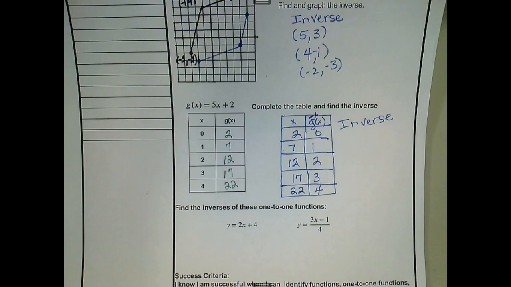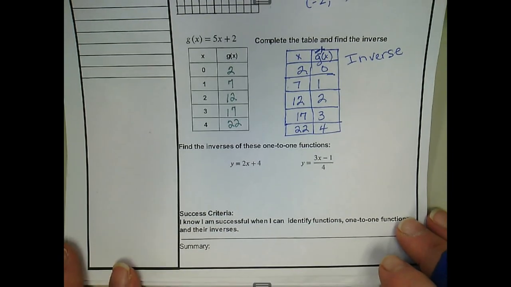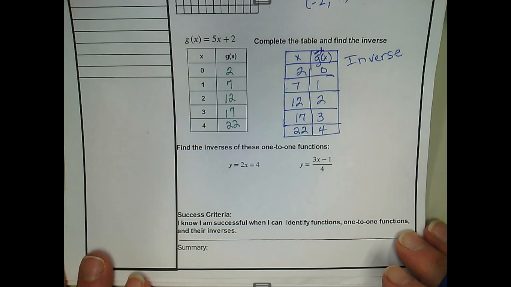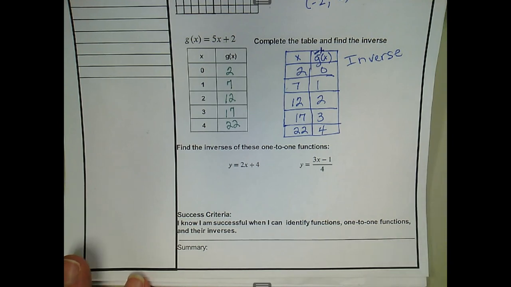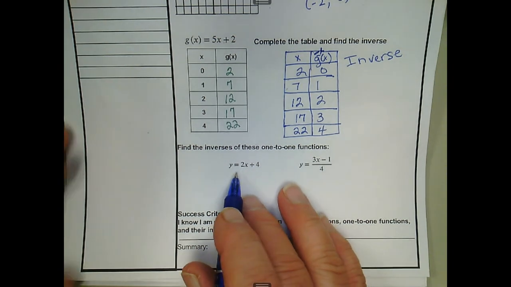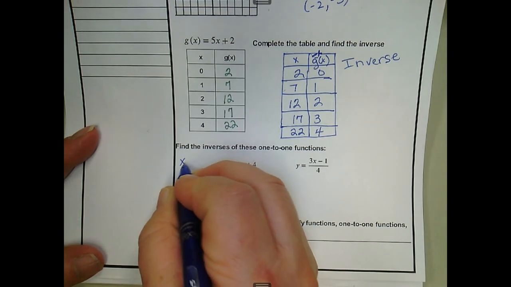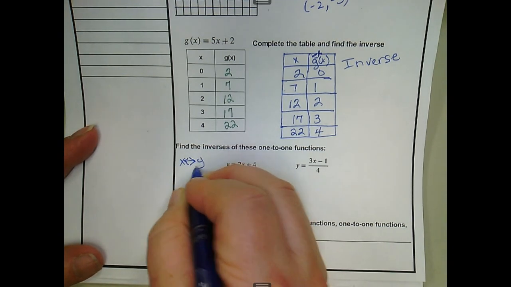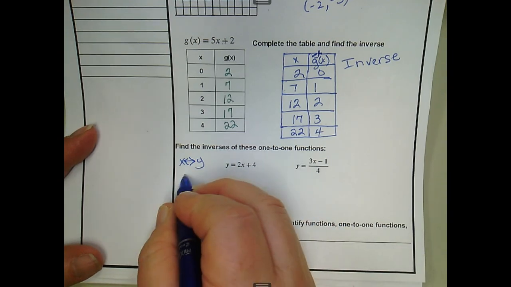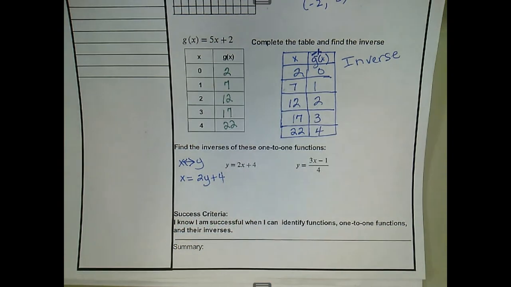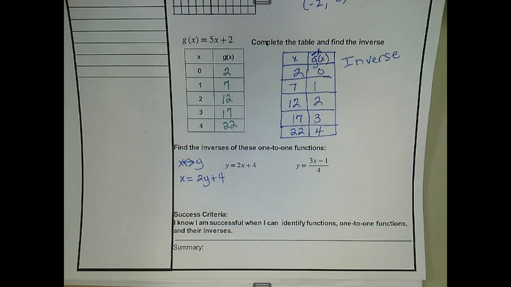Okay, to find the inverses of these one-to-one functions, there's 2 ways you can do it. Number 1, you could think about what you're undoing and then do it that way. Number 2, you can swap x and y around and solve for y. So by swapping x and y around, instead of y, I start with x equals 2y plus 4.